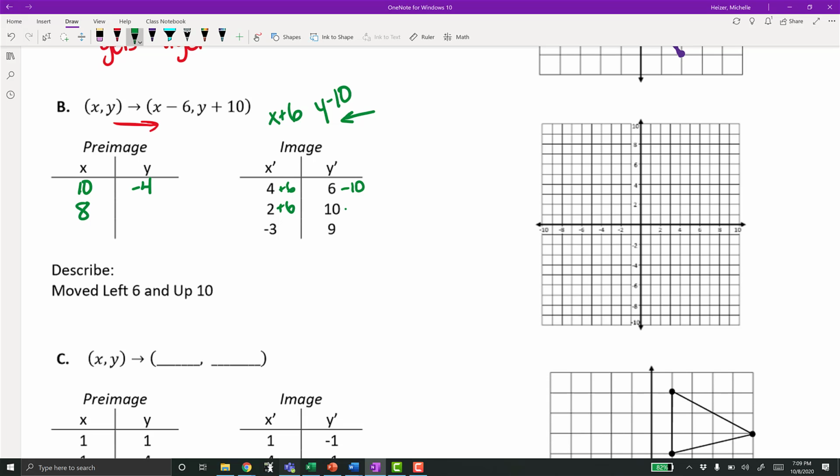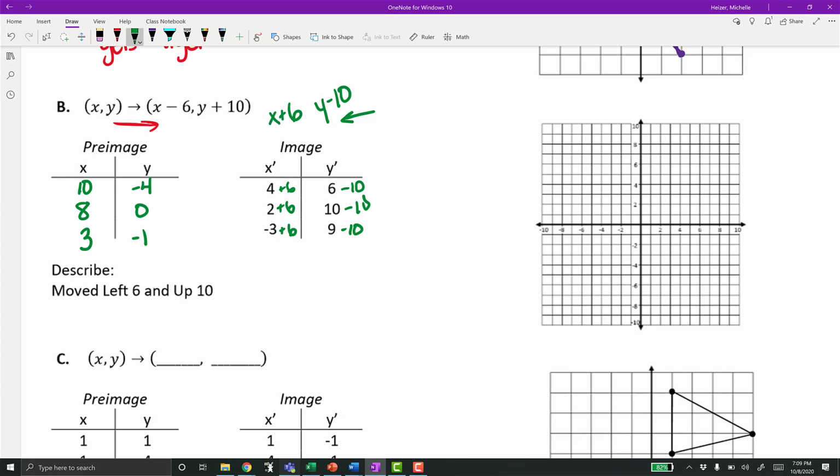And then 10 minus 10, because remember we're going backwards here. And the last one, negative 3 plus 6, and 9 minus 10. So this would be my pre-image, and these are my image.